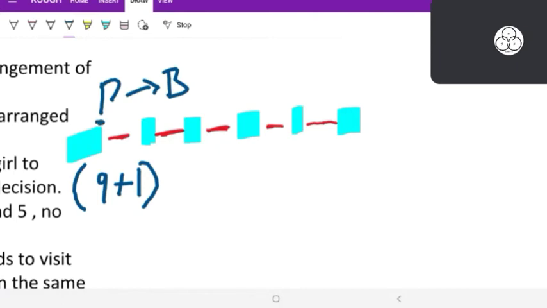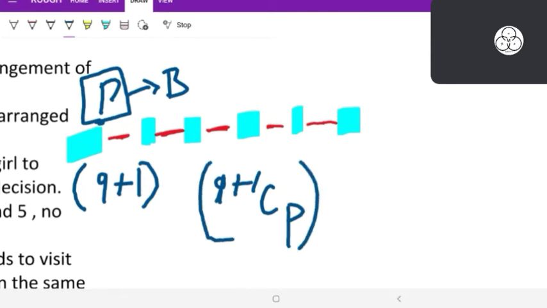And among these spaces, we need to select P spaces for arranging the blue books. Sorry, it is Q plus 1 choose P. So these are the positions which have been selected.